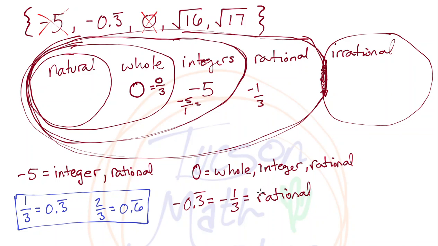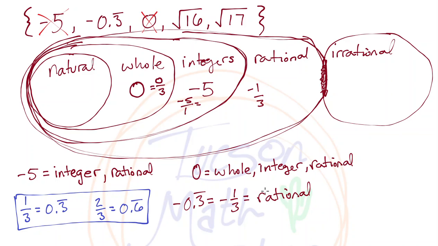Now, a couple of mistakes people make here. Is it an integer because it's negative? And remember, integers are negative. That's how the thinking goes. No. Integers can be negative or positive, but they cannot be fractions. They can't be a fraction other than a fraction with the denominator of 1.